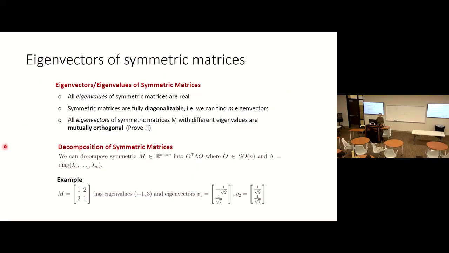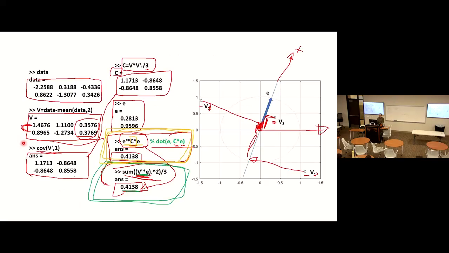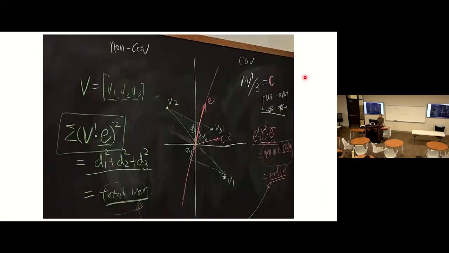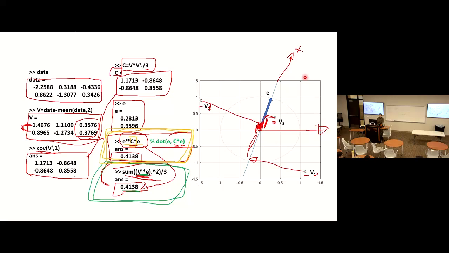Okay, so let's move on. There are some good properties about this covariance matrix, because this matrix is, yeah, question. This one here?